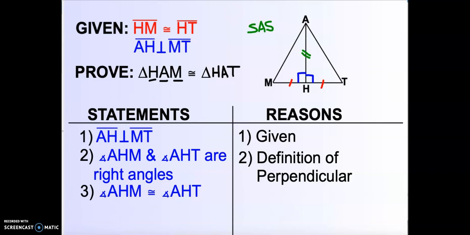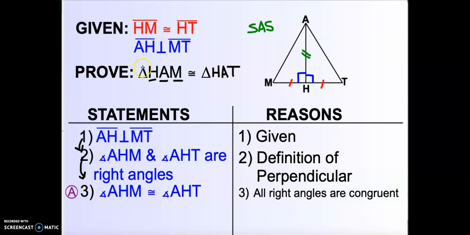And the reason, if you follow the syllogism, statement 1 takes us to 2, statement 2 takes us to 3, and if we follow the syllogism, we would know that we just said they're right angles. And we have this theorem that says all right angles are congruent. Since these two angles are equal or congruent, and they're in both triangles, that's what gives us an A.